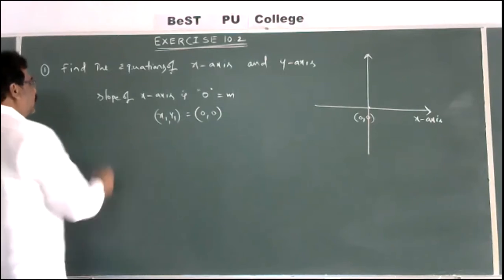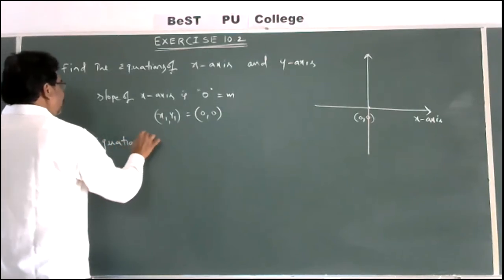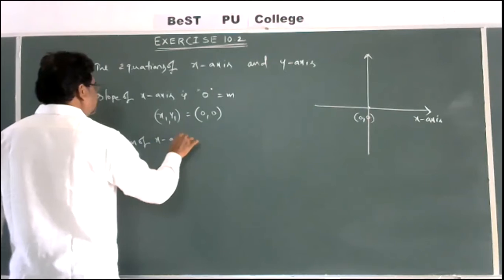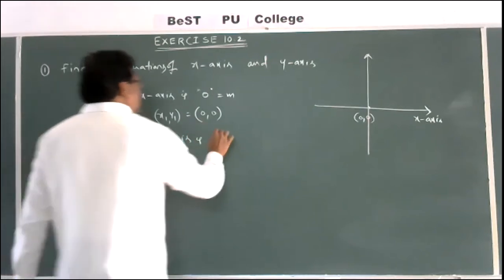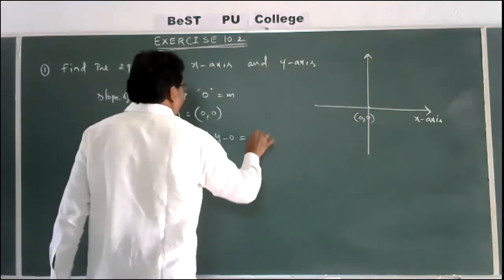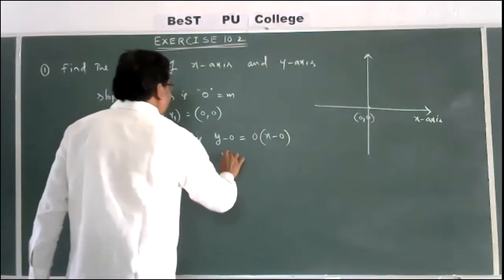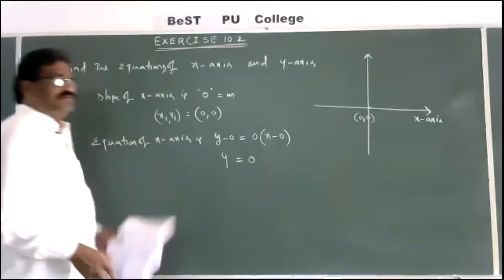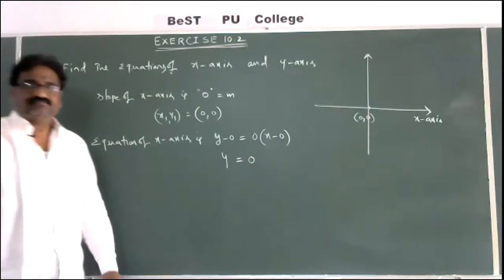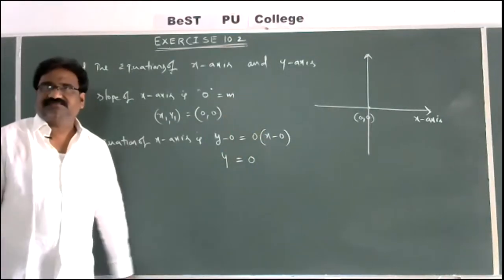Then the equation of x-axis is y minus y1 is equal to m into x minus x1, that is 0. Then you get y is equal to 0. The equation of x-axis is y is equal to 0.